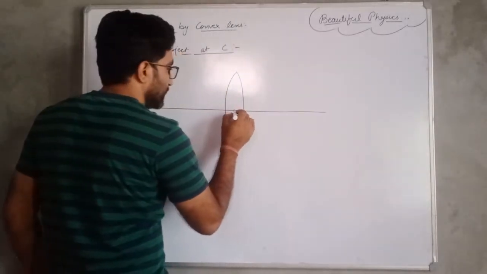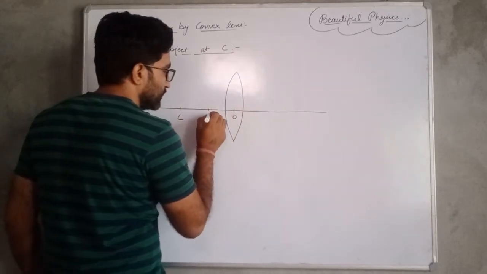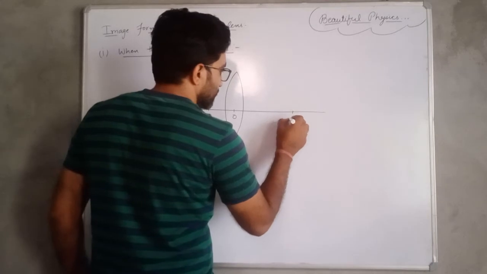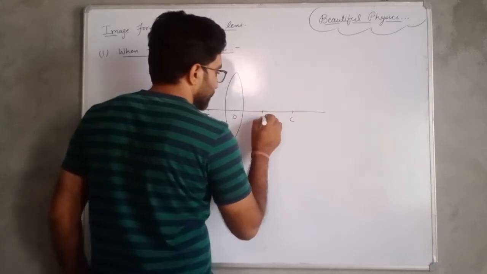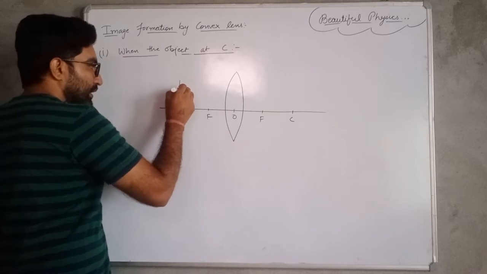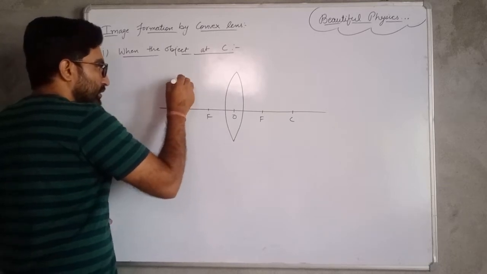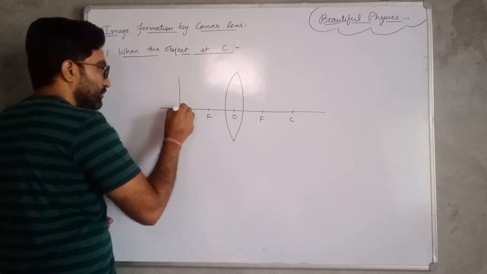This is the principal axis, optical center, center of curvature, focus, again center of curvature, and this one is the focus. And now our object is at the center of curvature.